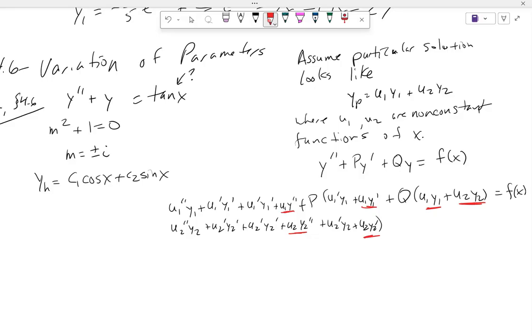So in those red pieces, every one of them, I can factor off a u1 or a u2, depending on which one I'm looking at. So one of the pieces I'll have is u1 times y1 double prime plus p y1 prime plus q y1. And I'll have a u2 with the y2's.